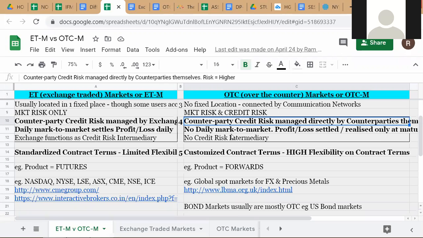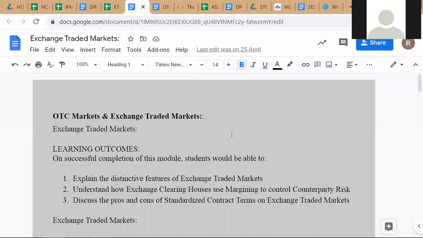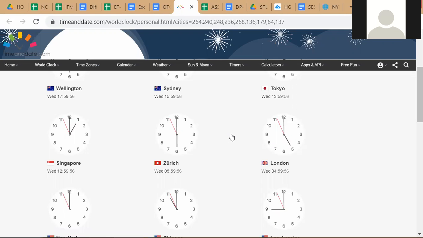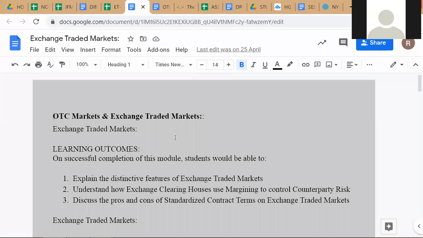They may have some ways of dealing with these problems. Usually what people do is they will have certain limits, that we won't trade for more than $10 billion of settlement value in a day. So they have these kinds of limits. That's how they manage it.